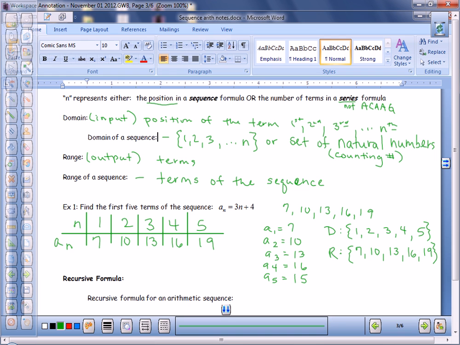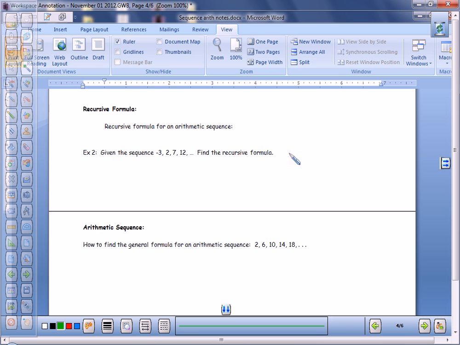I remember this. The recursive one is actually the easiest because with recursive, it is basically just a formula that is used to find the next term in a sequence, using the preceding term.